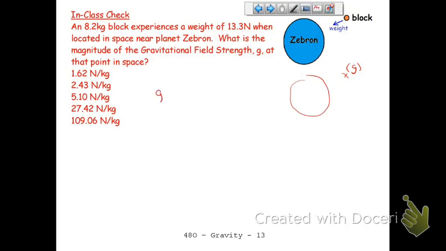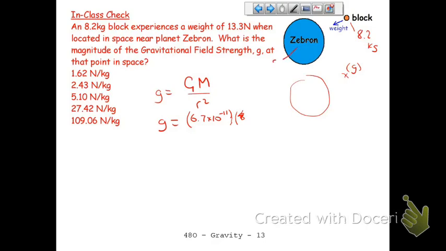So I go, well, little g is equal to big G, big M, over R squared for the magnitude. So G is equal to 6.7 times 10 to the minus 11 times big M. I'm never given what big M is.